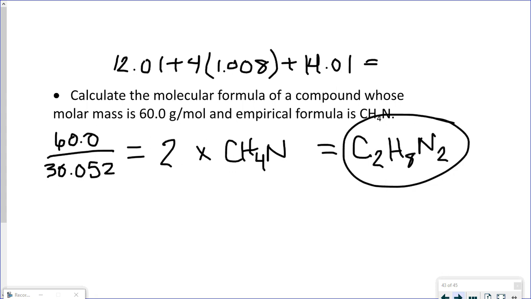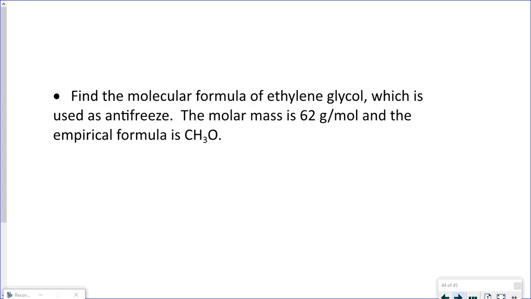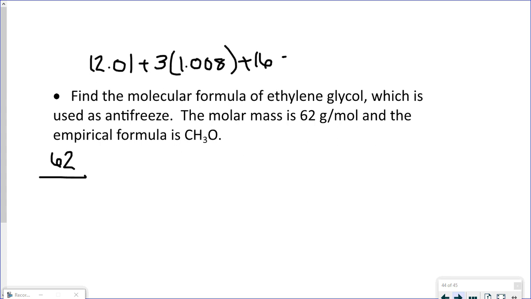Let's look at one more, just for good measure. Find the molecular formula of ethylene glycol, which is used as antifreeze. The molar mass is 62 grams per mole, and the empirical formula is CH3O. So our molar mass is the 62 grams per mole. Our empirical formula, it did not give us the mass, but we have the formula so we can find it. Carbon is 12.01. Add to that 3 hydrogens that are 1.008 apiece, and add to that oxygen, which is 16.